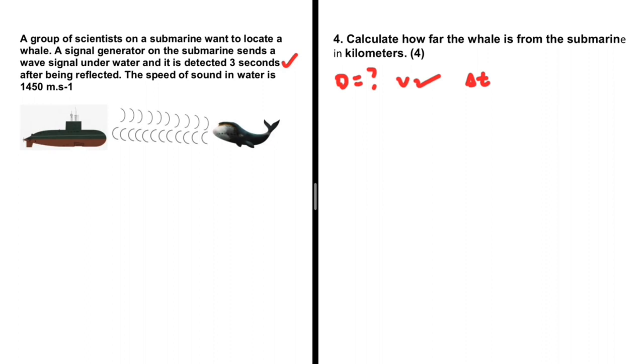It takes 3 seconds for the waves to move from the submarine, strike the whale, and get reflected back to the submarine. But we want the distance between the submarine and the whale, so we need to take half that time. So delta T will be equal to 3 divided by 2.